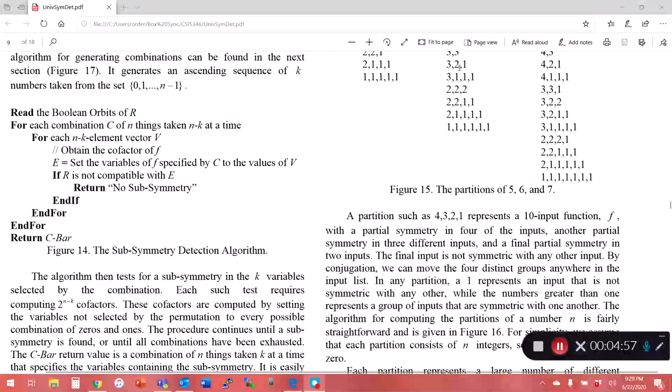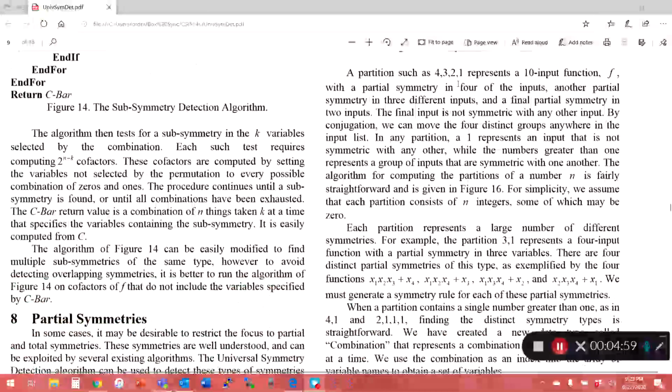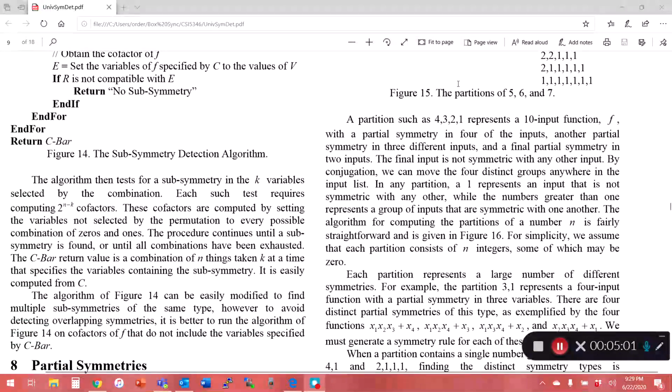Now, let's suppose, going to the next line after figure 15 here, that we have a partition such as 4, 3, 2, 1. Well, in order to figure out all of the different partial symmetries that this sequence of integers describes, the first thing we do is we have 10 inputs, so we take 10 things 4 at a time to fill in the group of 4.